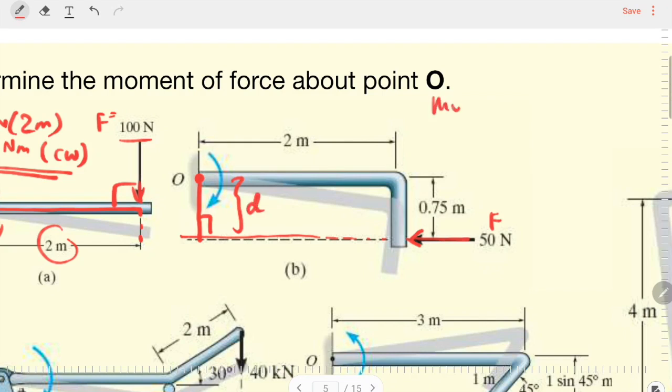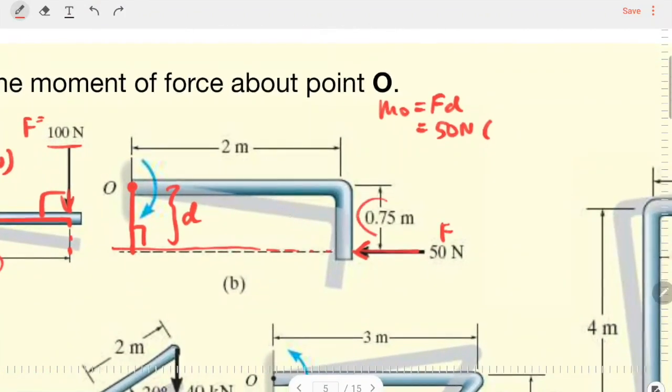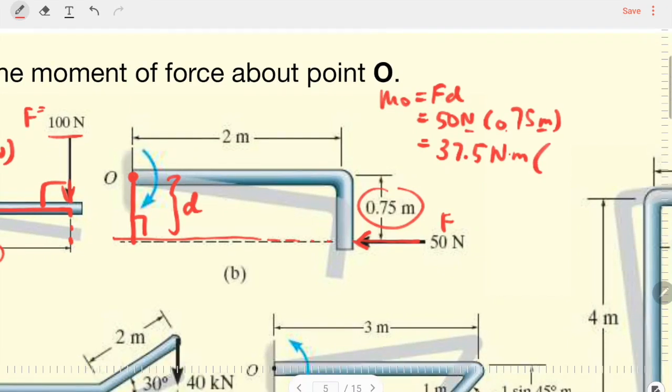So if you want to calculate the magnitude of moment equals to FD, our F is 50 Newton and the D in this case is not 2 meter. Oops, it is actually 0.75 meter. Okay. So the magnitude of moment for this case is 37.5 Newton meter. So this kind of force will create a clockwise kind of direction. So please include the direction in your answer as well.